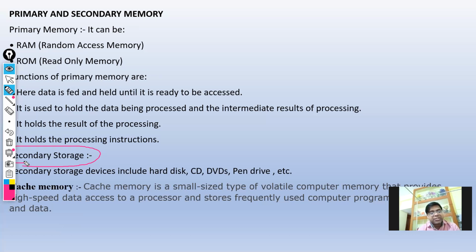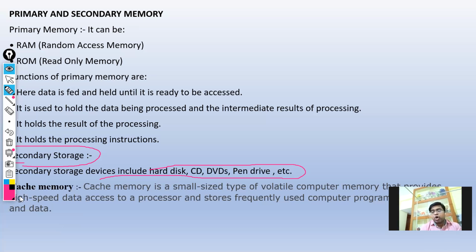These devices are non-volatile as data is stored in these devices till we delete it. Secondary storage devices include hard disk, CD, DVD, pen drive.